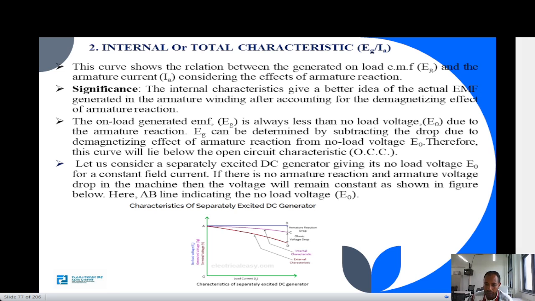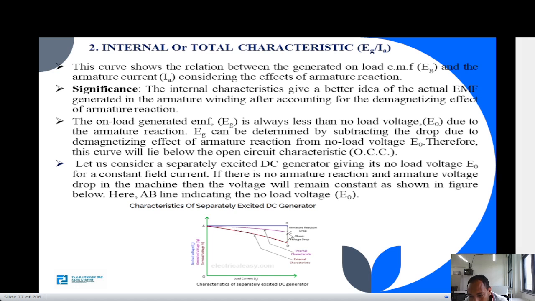If you consider a separately excited DC generator giving its no load voltage E naught for a constant field current, if there is no armature reaction, EG is equivalent to E naught. But if there is armature reaction, E naught minus armature reaction will give you EG, which is the internally generated voltage.